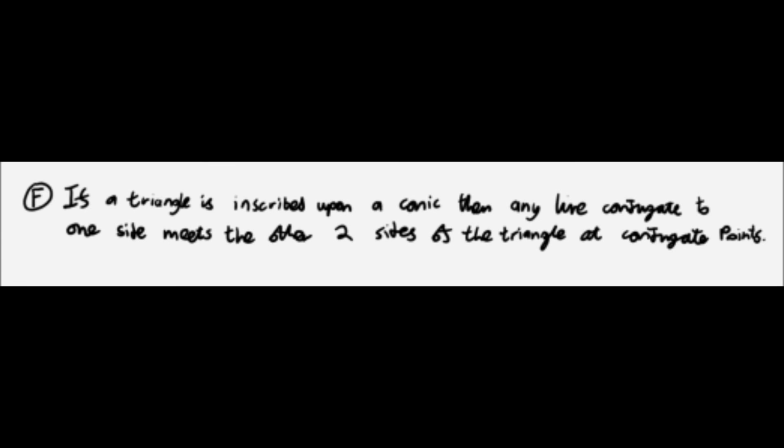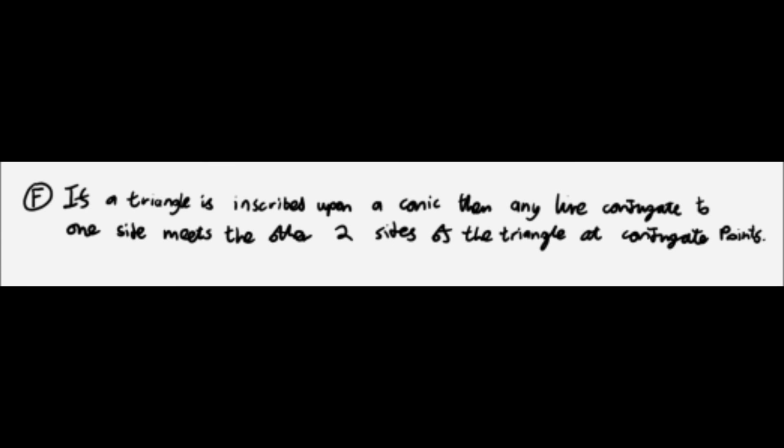It says that if we have a triangle which is inscribed upon a conic, and we've got a line which is conjugate to one of the sides of this triangle, then if we look at where such a line meets the other two sides of the triangle, it'll do that in two separate points, and Seidewitz's theorem claims that those 2 points are going to be conjugate to one another.